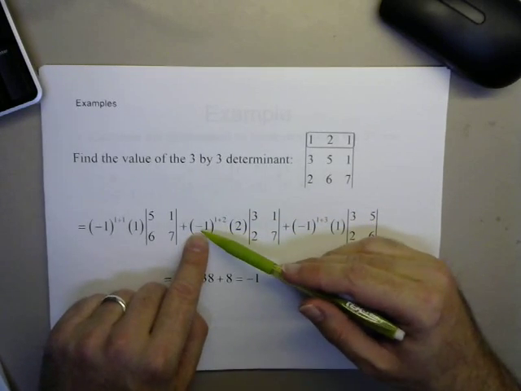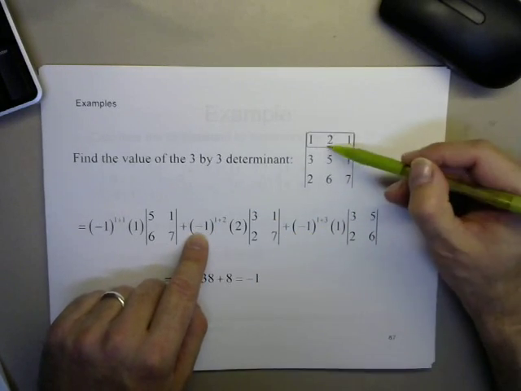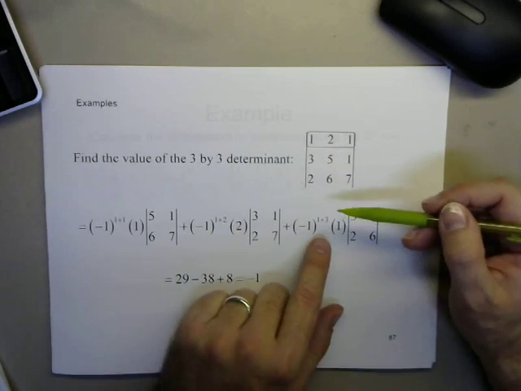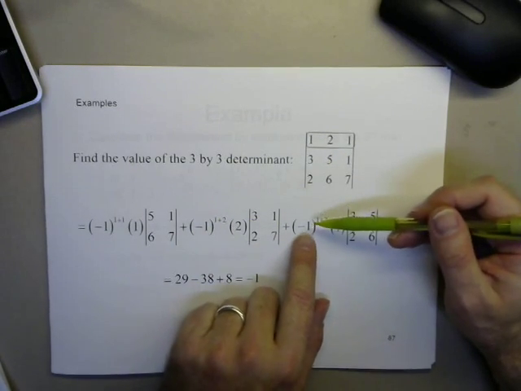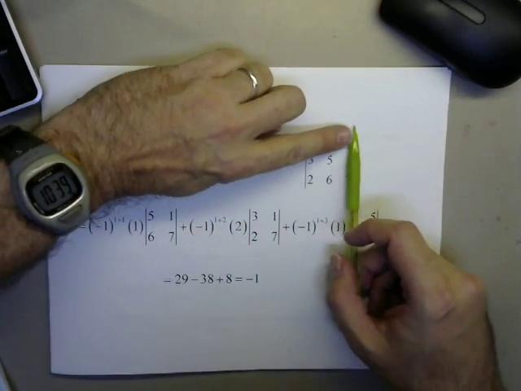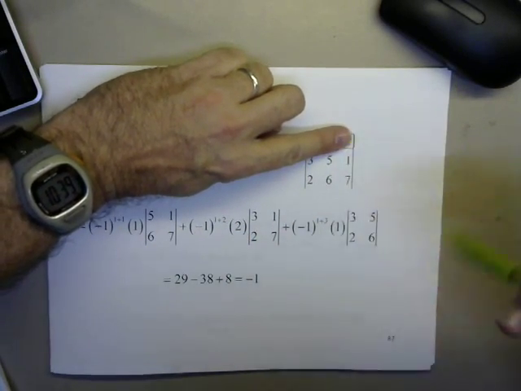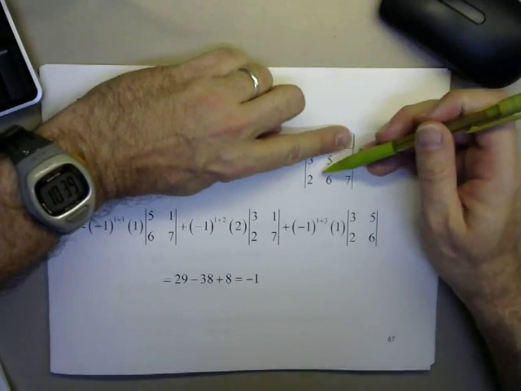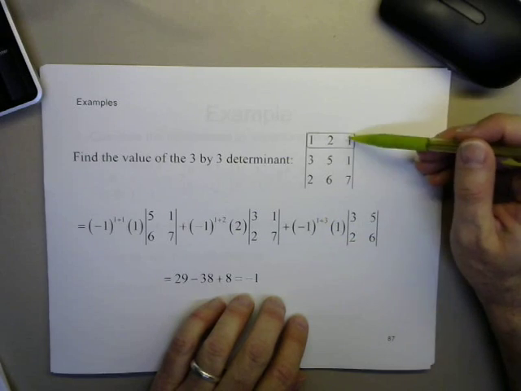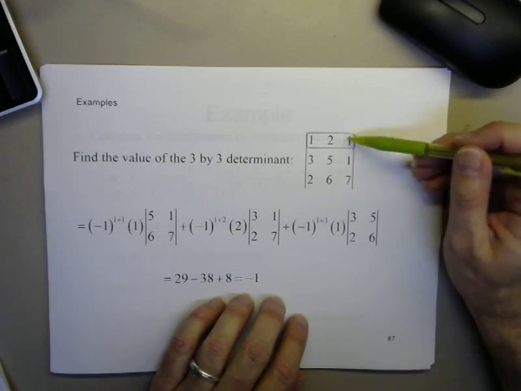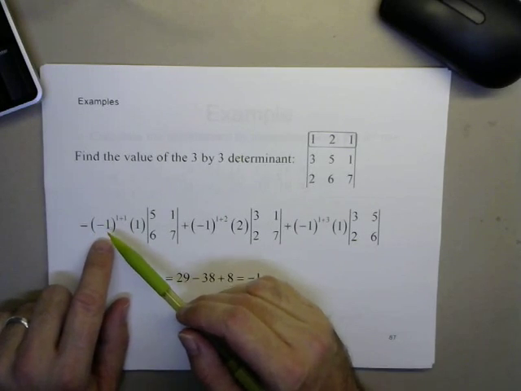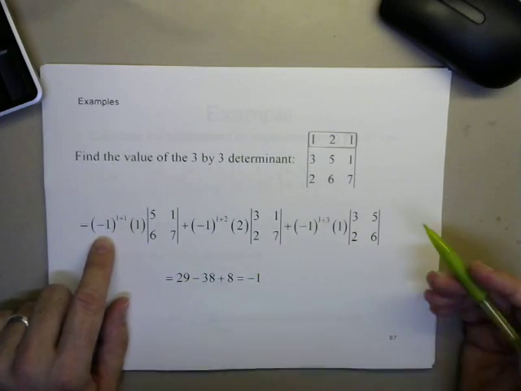Again, in this case, you want to multiply by -1 to the 1 plus 2, because the 2 is in the first row and second column. And then you would again go over to the 1 and then calculate that minor, which is 3, 6, 2, 5, and multiply that by -1 to the 1 plus 3, because the 1 is in the first row and third column. So essentially all you really have to do is just alternate, multiply by a positive 1, -1, positive 1.